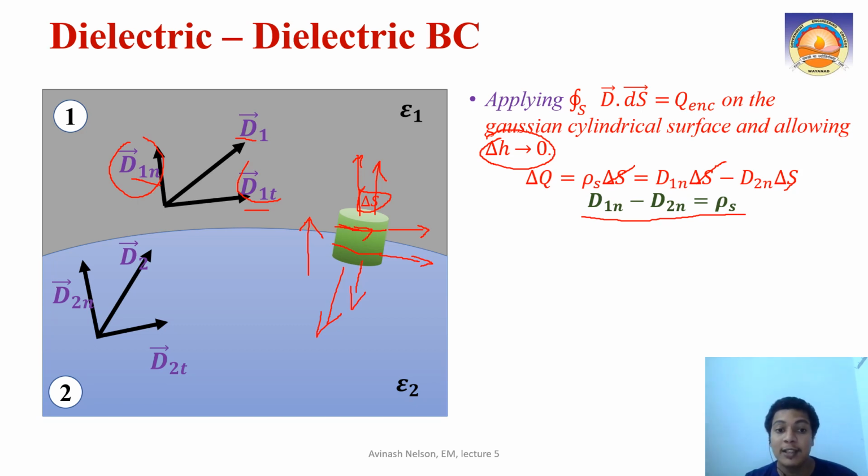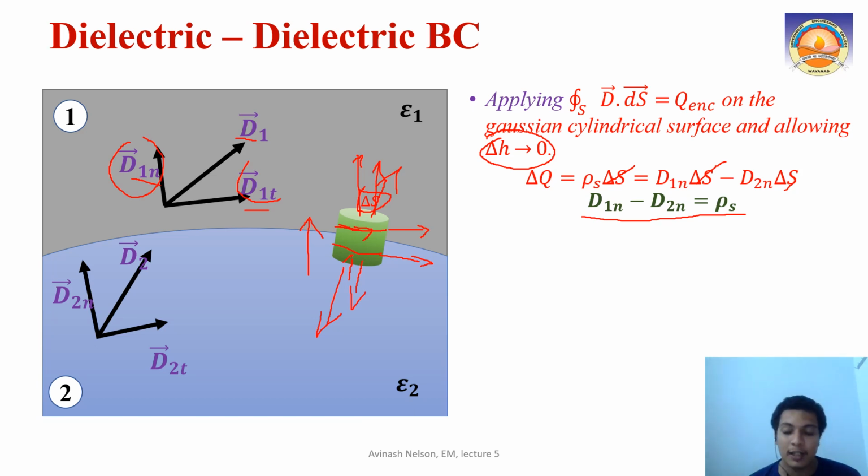It means the normal component of electric flux density which is entering through this side, minus whatever is coming through the other side, D2n, the difference between them will be equal to the charge density at the boundary. That is when we know that there is some charge at the boundary, right?